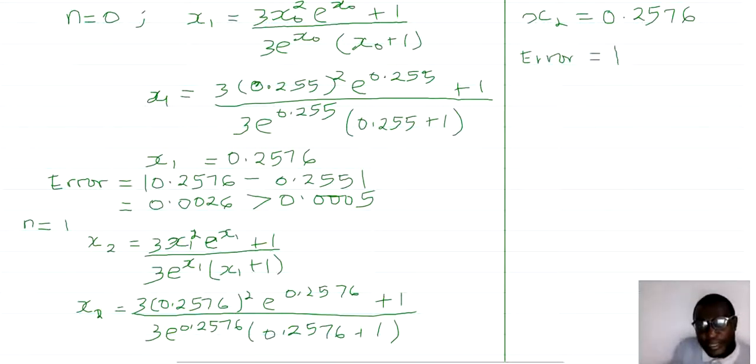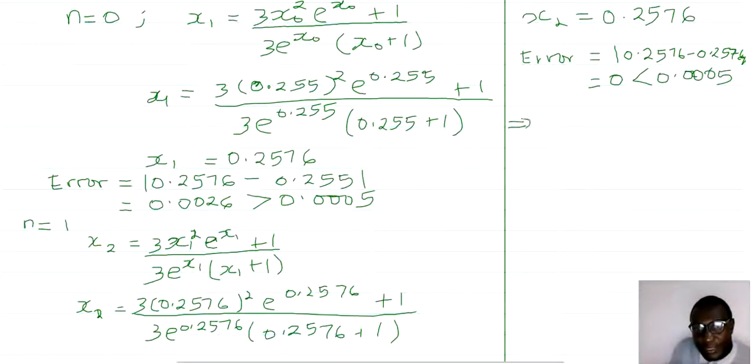So the error here is the magnitude of x2, which is 0.2576, minus x1, which is also still the same value, 0.2576. So that means we are going to get the error as 0, which is less than the maximum required error, 0.0005.